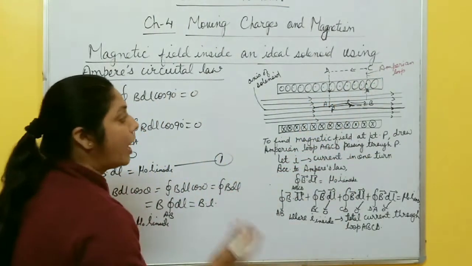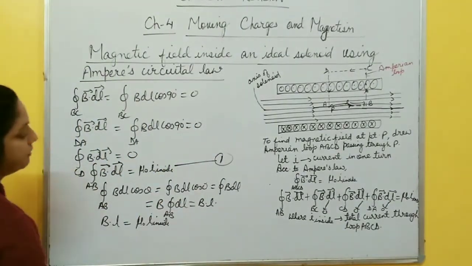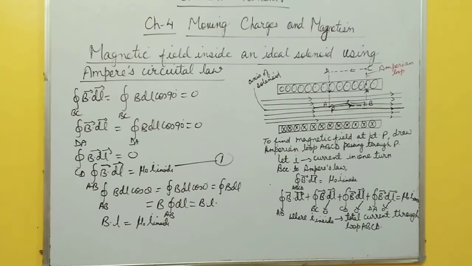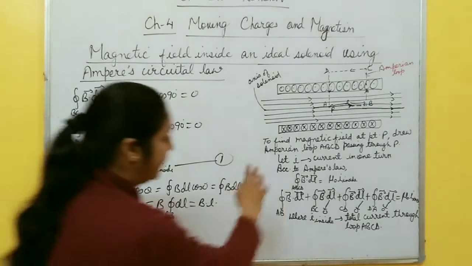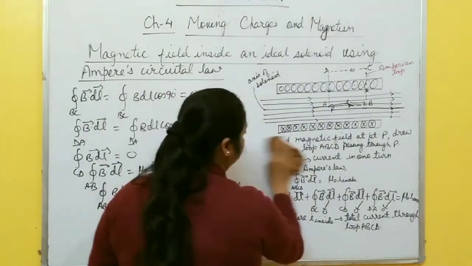So how do you find the total current inside this Amperian loop, I inside? First you note down this one fast. Okay, may I rub this side? Okay, I'm going to rub this one.